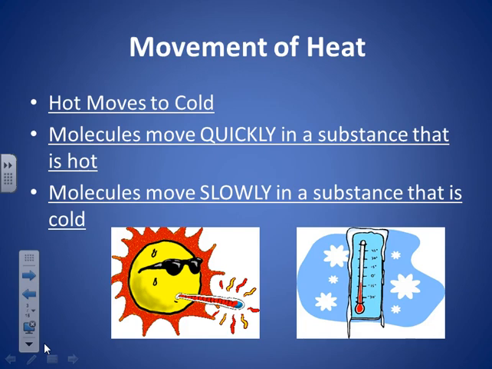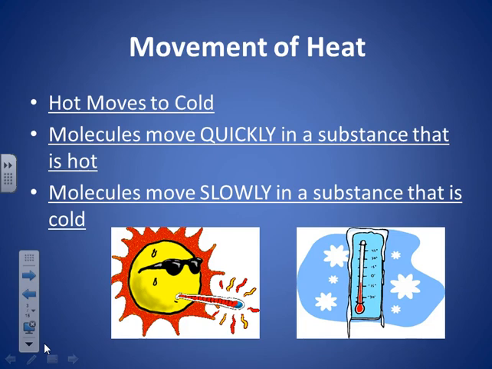The water molecules will bump together faster and faster until the water is boiling, and you are literally seeing those molecules boil and bubble over because they're moving so rapidly. And it produces heat. It's just like when you rub your hands together faster and faster, you're going to produce more and more heat.